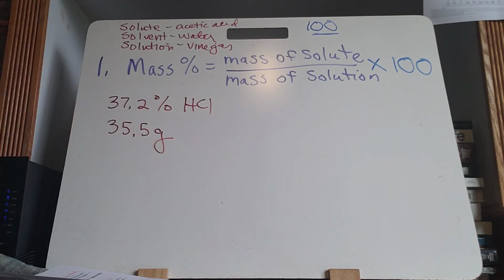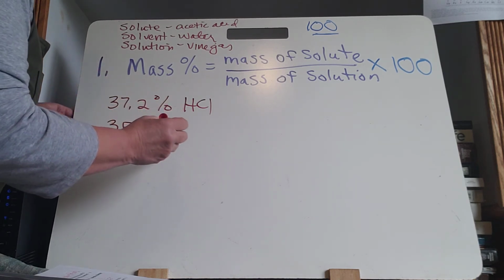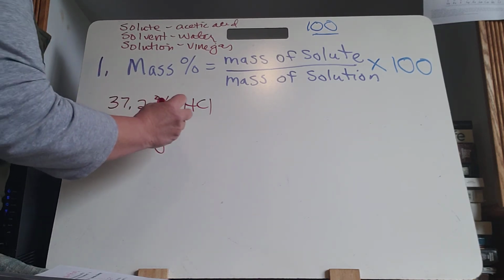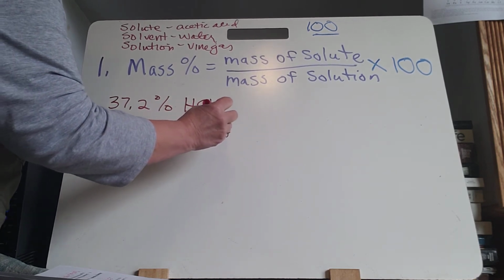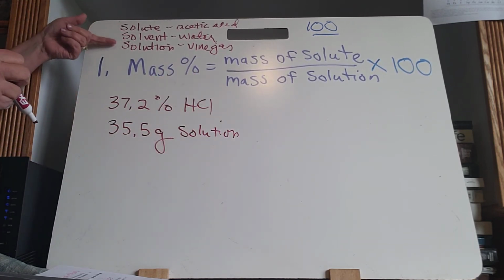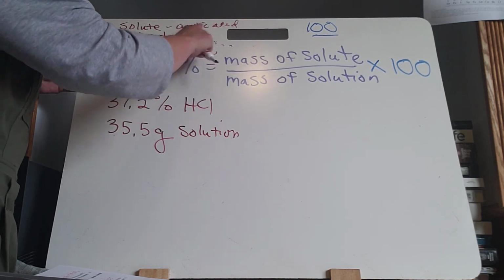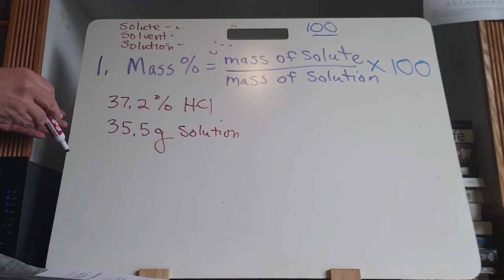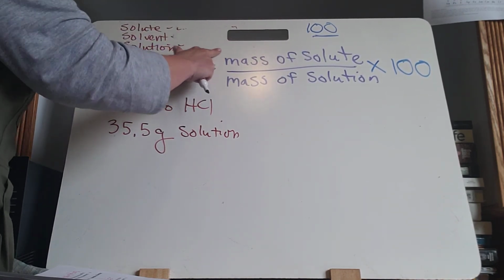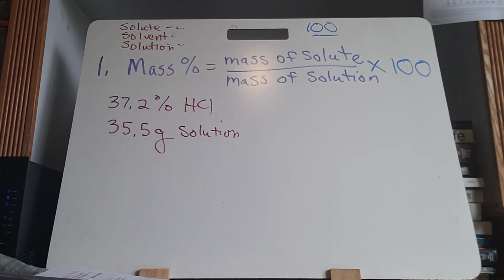Now, when you do your reading, you're going to learn that this is dissolved in water, but not a lot of water, very concentrated HCl. So this is my solution. Again, we're always going back to these words here. And so now I want you again, take a moment to set up this problem.